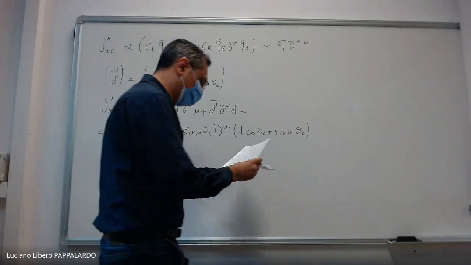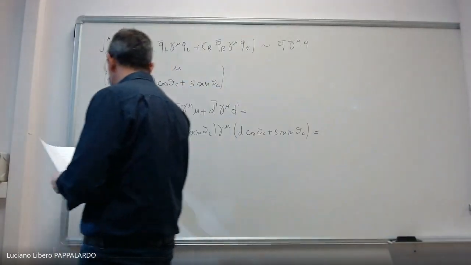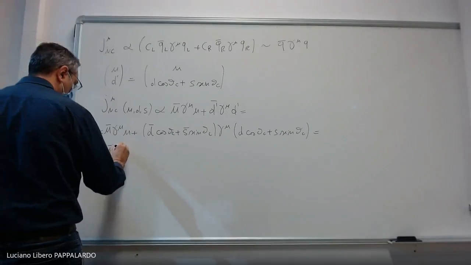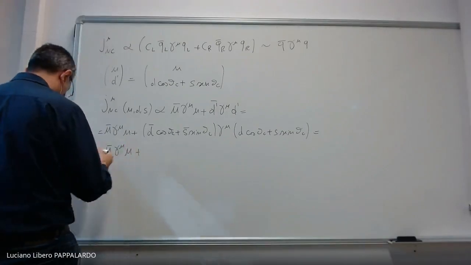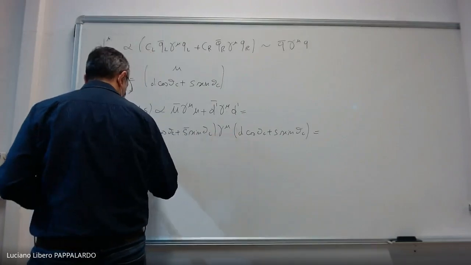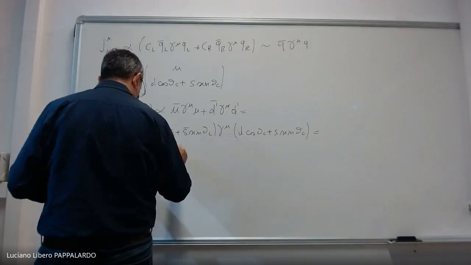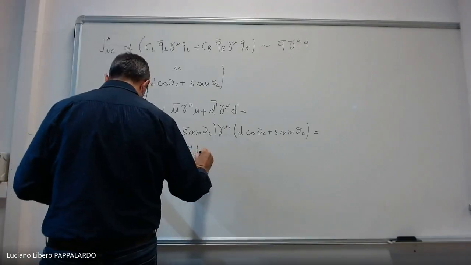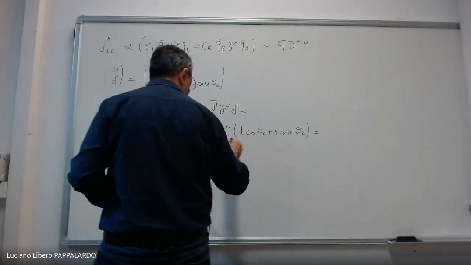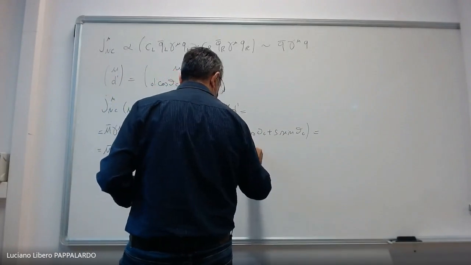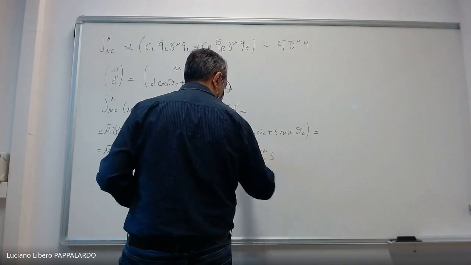Okay, now let's go on. So we have u bar gamma^μ u plus. Now let's take the product. So we have a cos square theta_C that multiplies the d bar gamma^μ d plus sine square theta_C that multiplies s bar gamma^μ s.